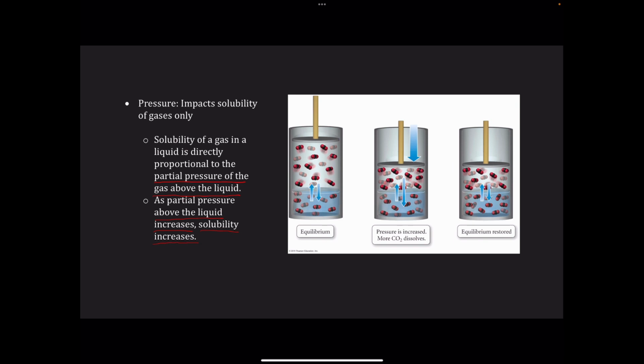So here we're using a piston to decrease the volume, which increases the pressure. That forces gas particles into solution, and those gas particles can't escape because it requires too much energy to push that pressure back up. So gas particles will dissolve back in that solution until we reestablish an equilibrium.